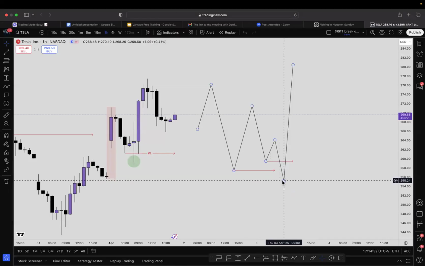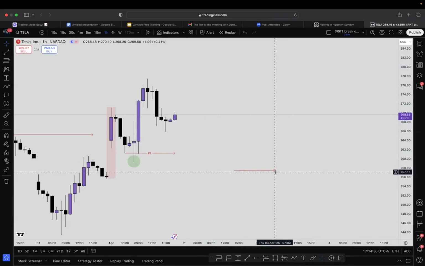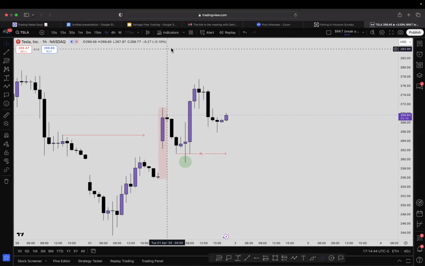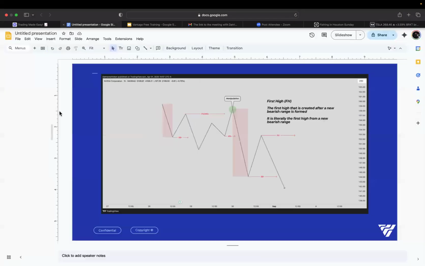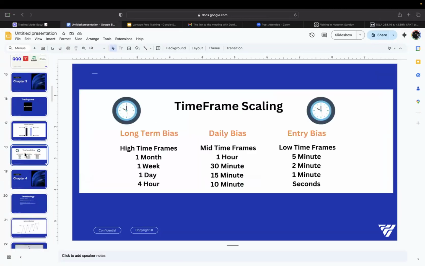All right, so we're kind of going to get into the next part, to understand where to actually look for price to start reversing. Yep, so we went over this yesterday, our time frames that we're going to want to use. For day trading, 1 hour and 15 minute.